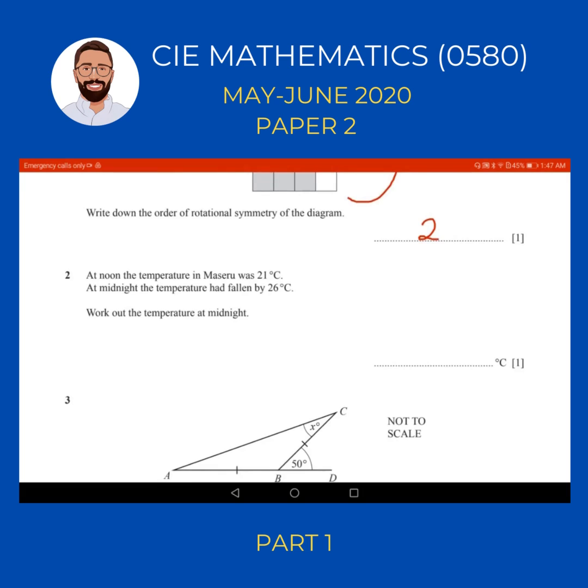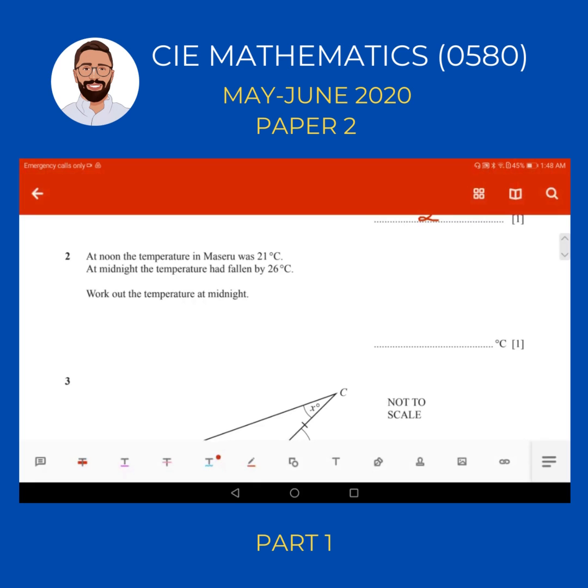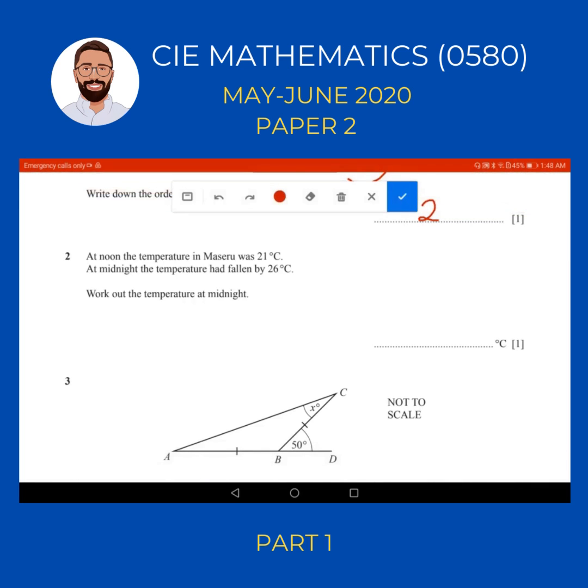In question 2, it says at noon the temperature was 21 degrees Celsius. At midnight the temperature had fallen by 26 degrees Celsius. Work out the temperature at midnight. So initially the temperature was 21.